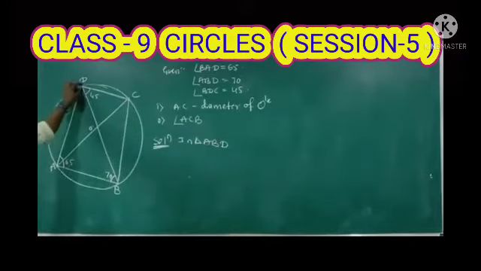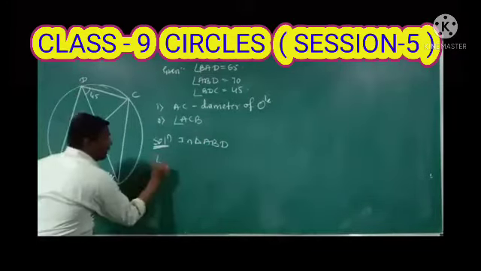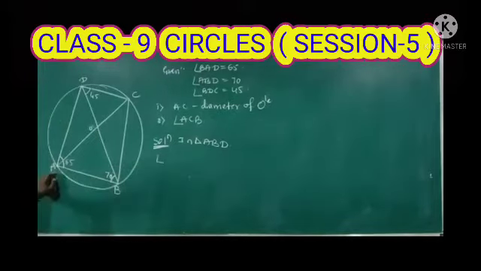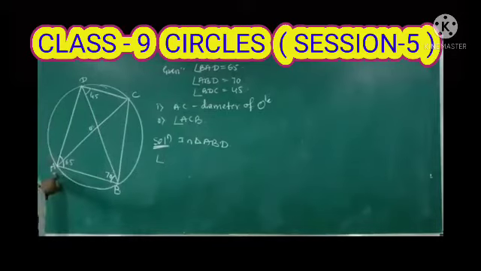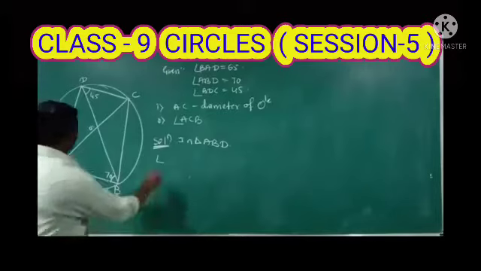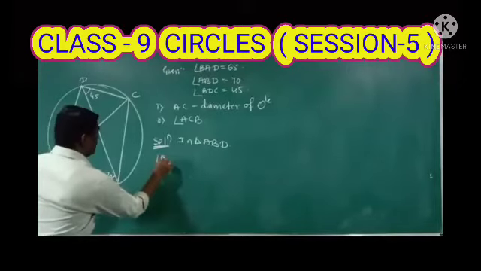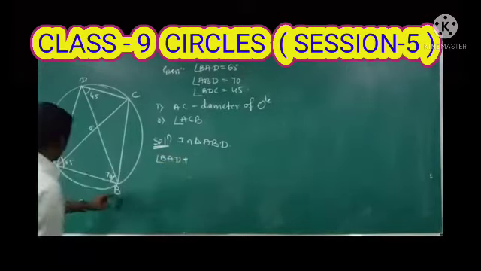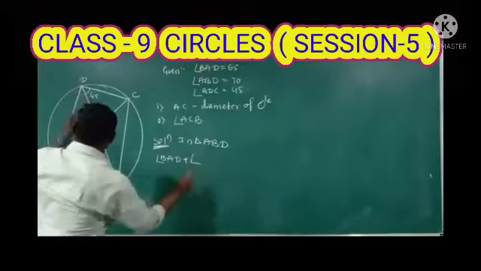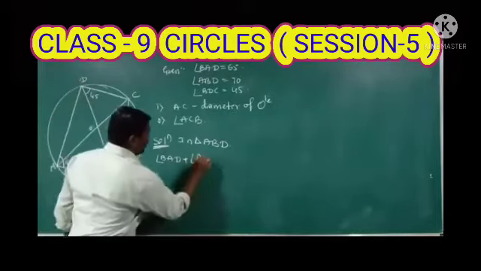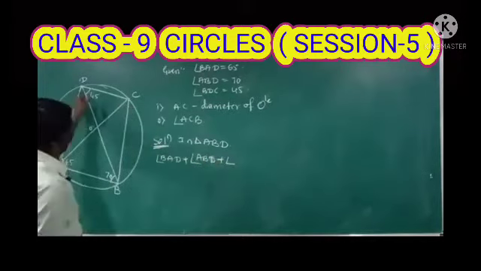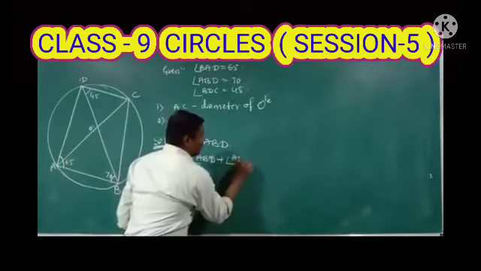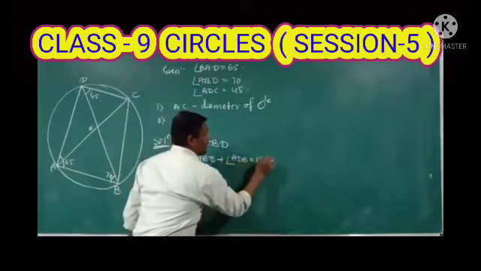So in triangle ABD, the sum of all three angles in a triangle is always equal to 180 degree. That is the angle sum property of the triangle. So consider individual angles. Angle BAD plus angle ABD plus angle ADB is equal to 180 degree.